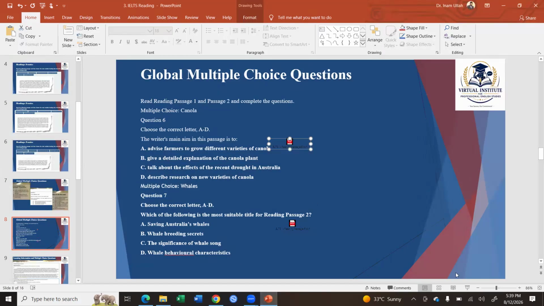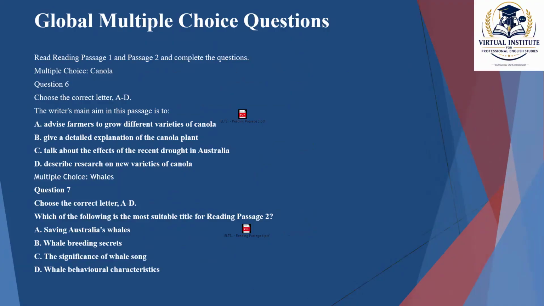So now tell me, which of the options do you think is the right option? Describe research on new varieties of canola.